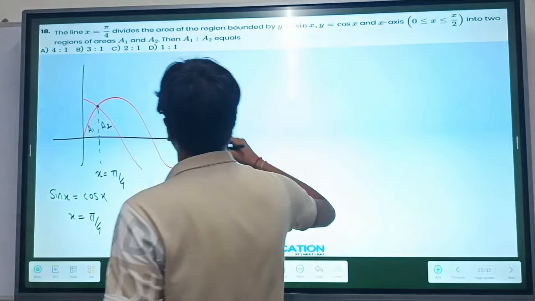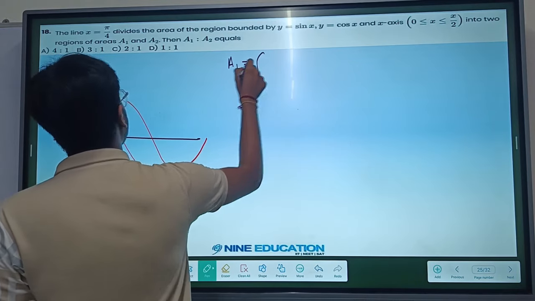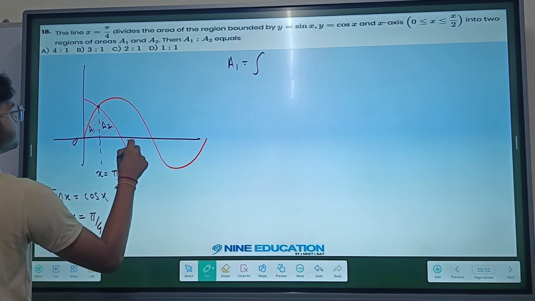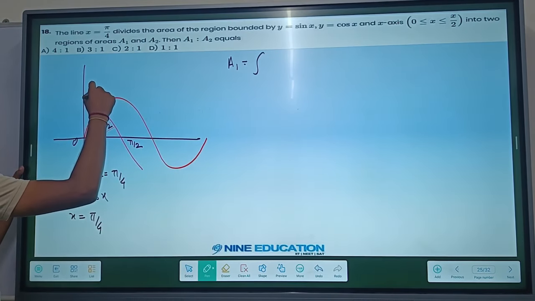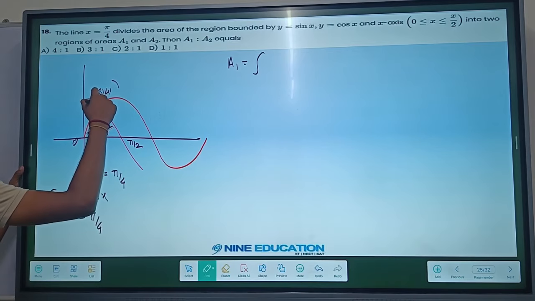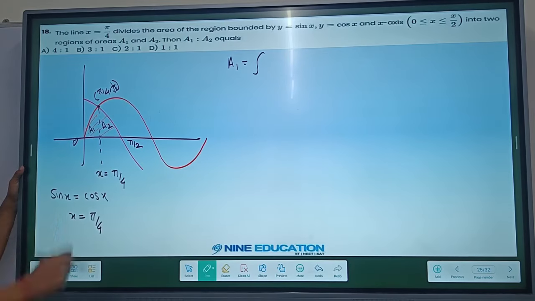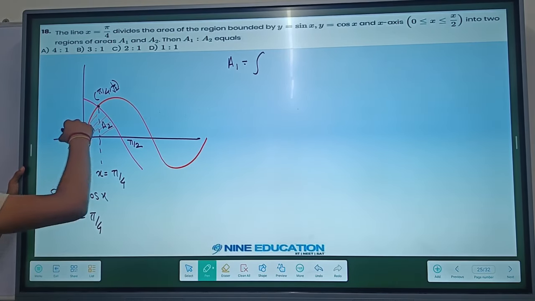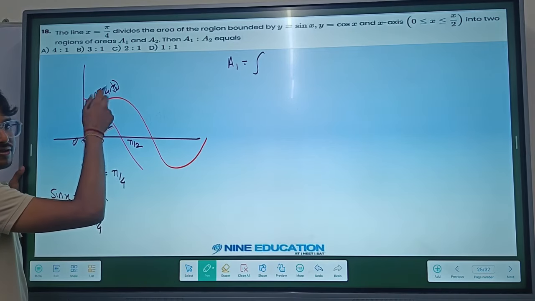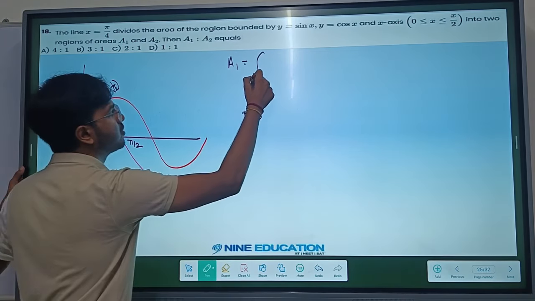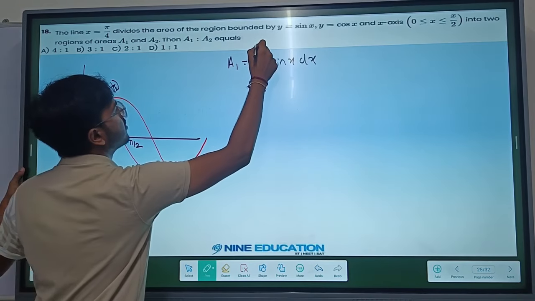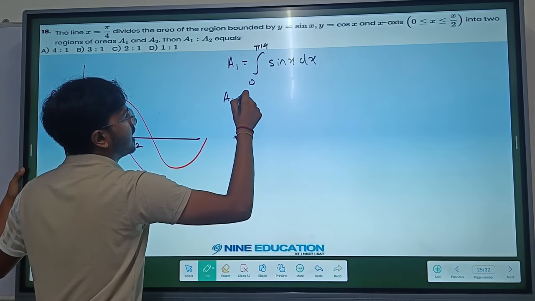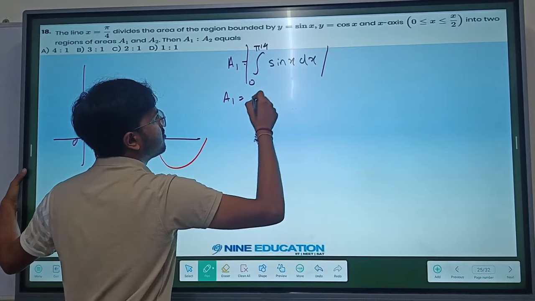But still, if you want to find out the area, what can I do? A1 goes from 0 to pi by 4 in x, and y will be sin pi by 4, 1 by root 2. A1 is the integration of sine from 0 to pi by 4, since the red curve is sine. Since we are taking area, I have to take a mod as well.